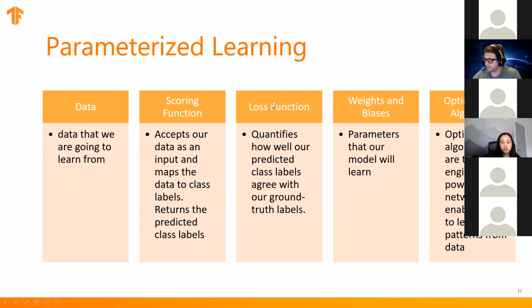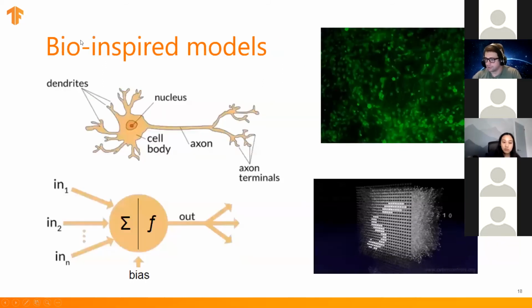So we can use the loss function to see if the model is actually learning something or not. And we have a bunch of parameters that the model is going to learn itself. That means the model is going to extract the features and try to find the set of parameters that, using an optimization algorithm, is going to solve the problem that we are trying to solve.